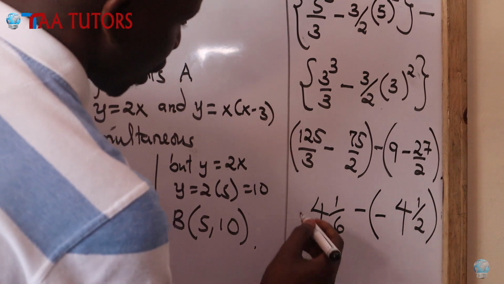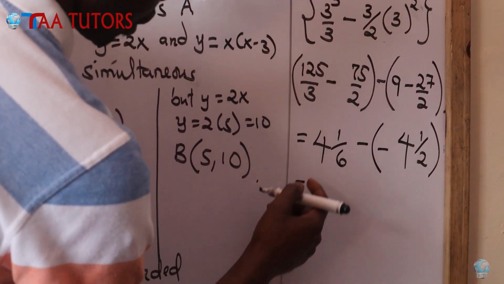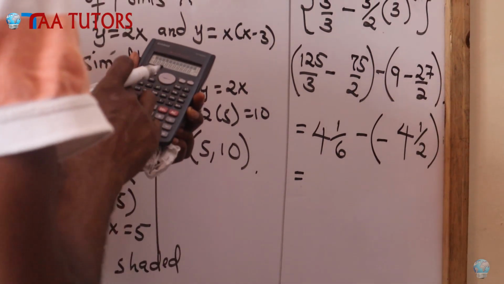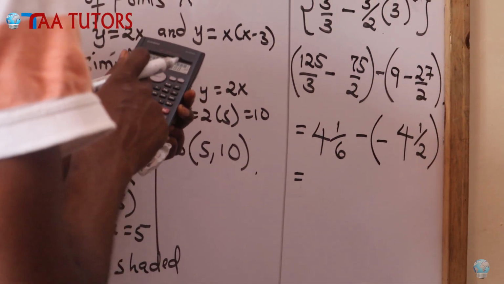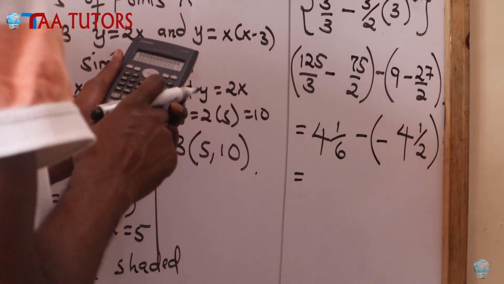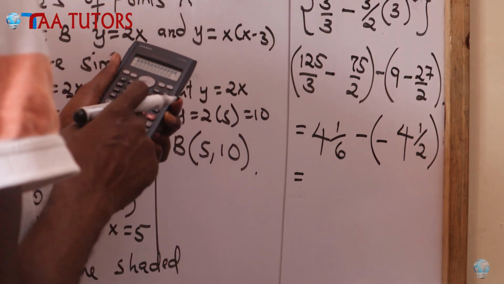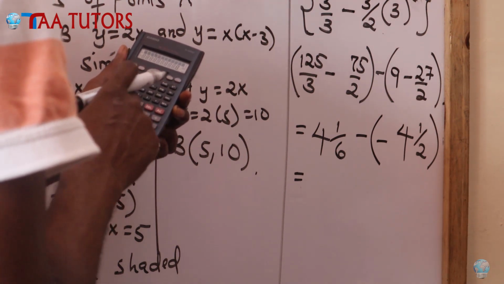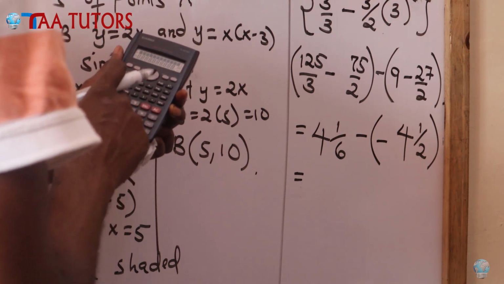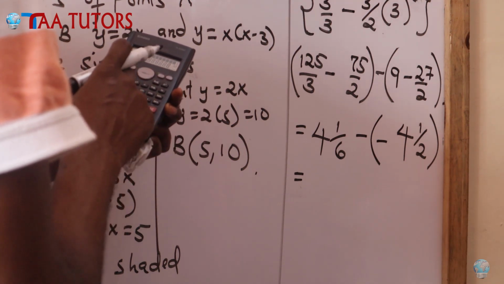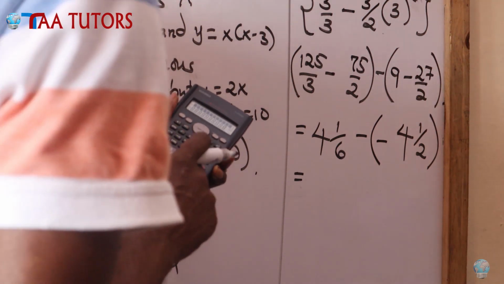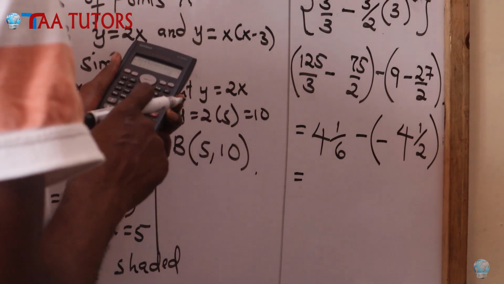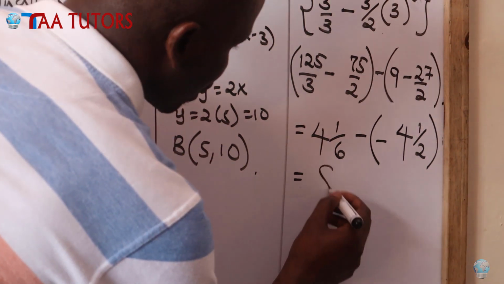So we are going to have here plus, which means it's going to be 4 and 1 over 6 minus the answer, or 4 and 1 over 6 plus 4 and a half, which is 8 and 2/3.